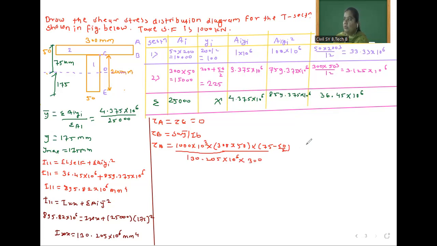So tau B is equal to... check it, check it. Yes. Tau B is equal to 19.20 Newton per mm square.